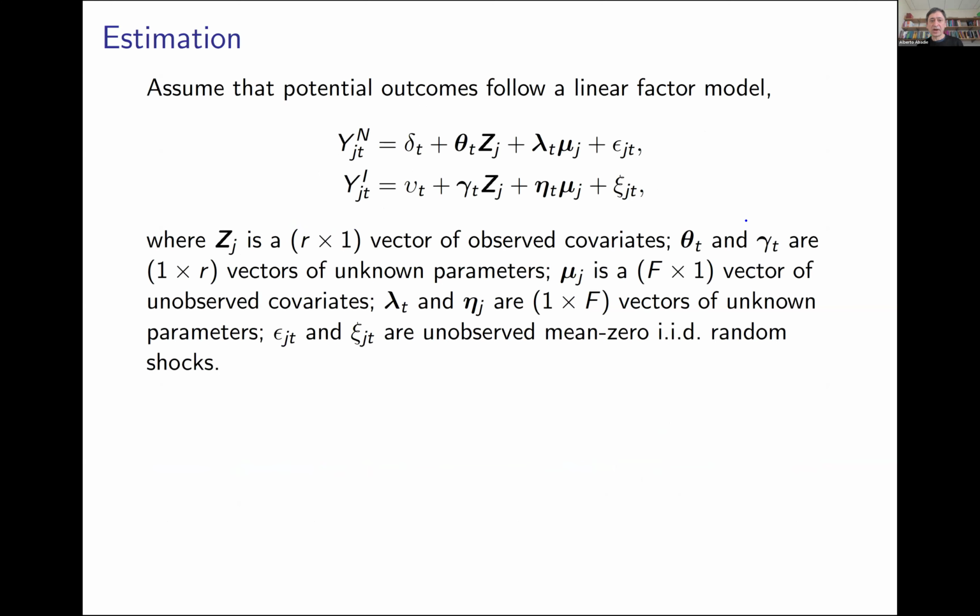Okay. So what are the properties of synthetic control estimators? In order to figure out the properties, I'm going to adopt a benchmark model for the data generating process for the potential outcomes. This is not the only possibility, but it is one that has been considered in the literature quite frequently.